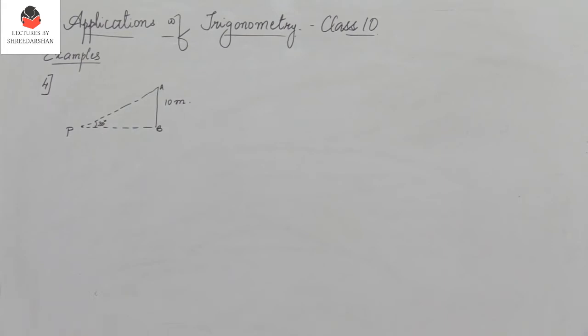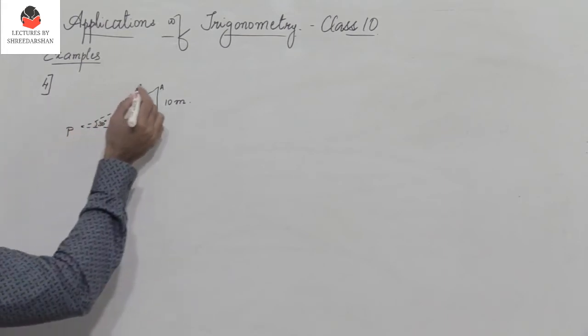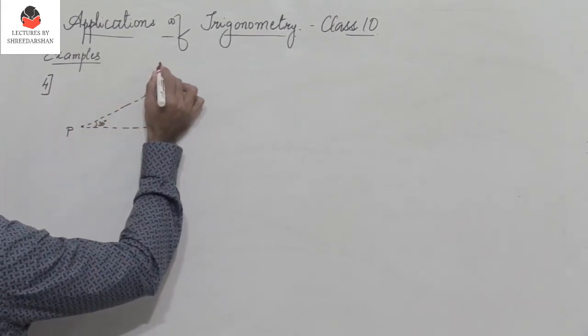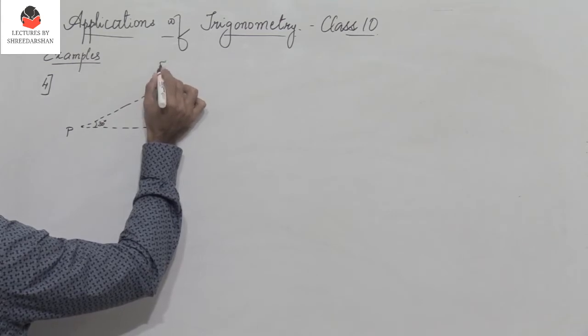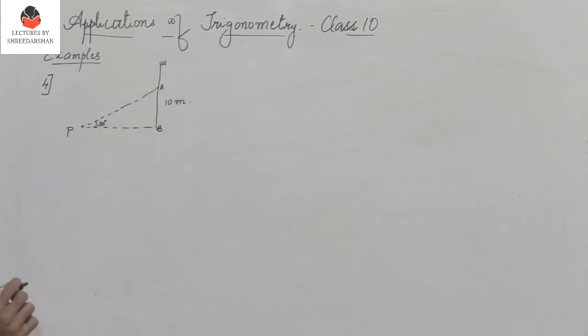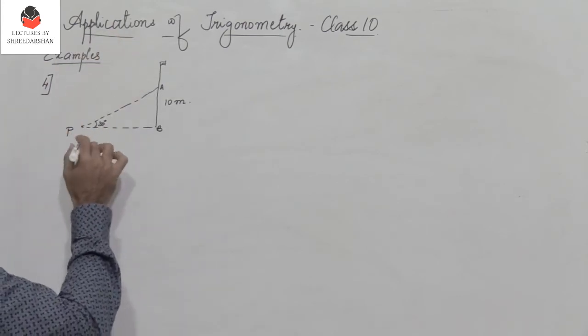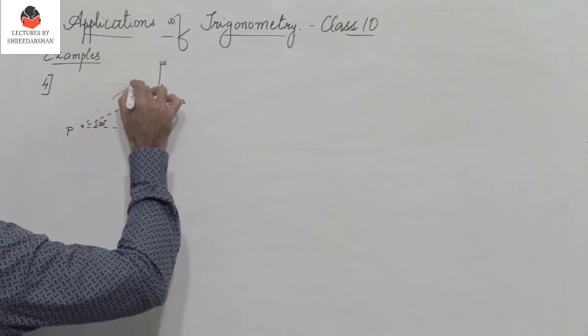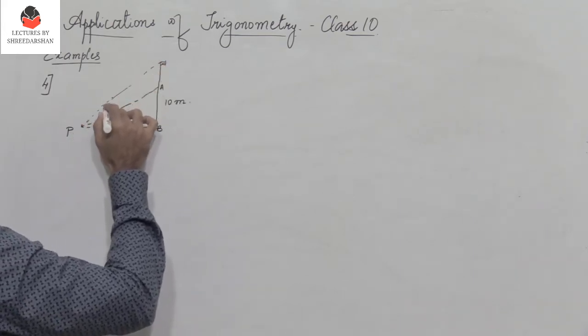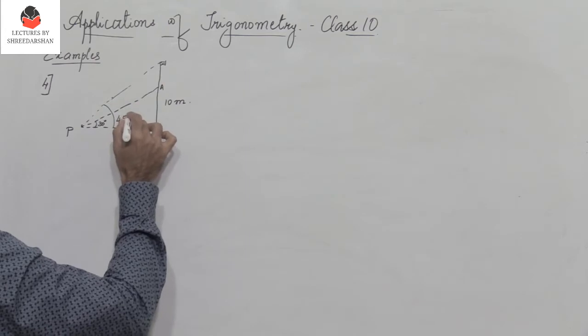And on top of the building, there is a flag post. Now when we observe the top of the flag post from the same point P, the angle is 45 degrees.